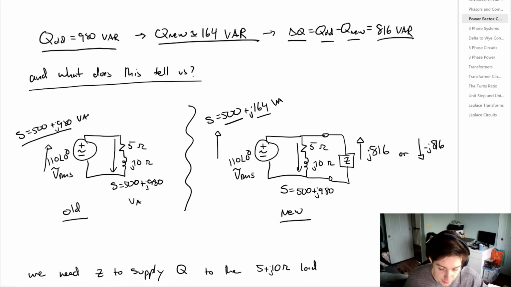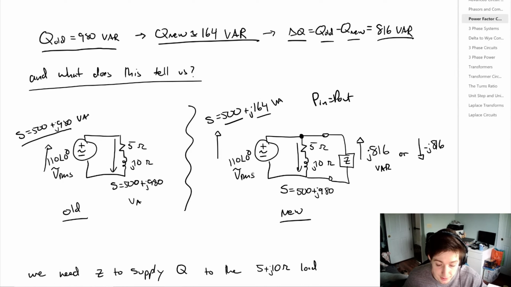We know that the load is going to take 500 plus j980. So if we have a node at this junction, we know that this impedance needs to supply 816 volt amp reactive to make these equations balance out, such that the power in equals the power out.